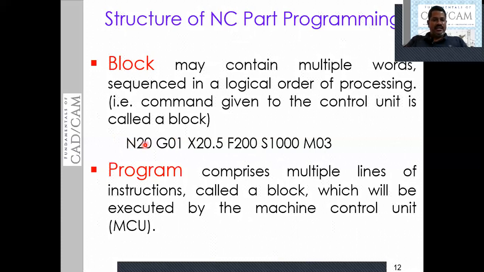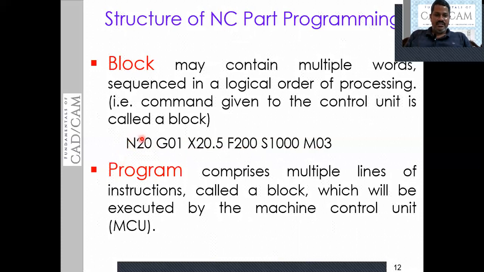Now you can observe one block here. For example, take one block, N20. N is a sequential number, which signifies the sequence of the block. This will always be the first word in any block. Any block should start with a sequential number. N indicates the sequential number.